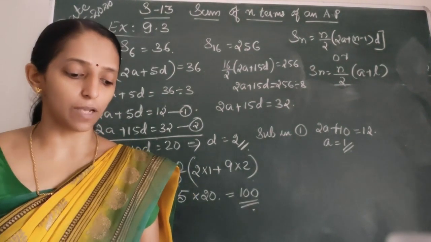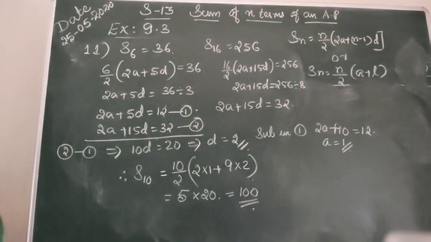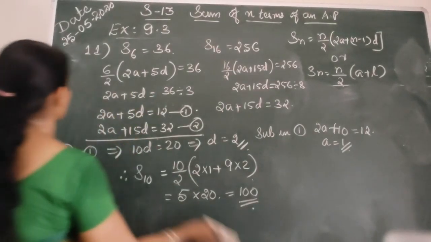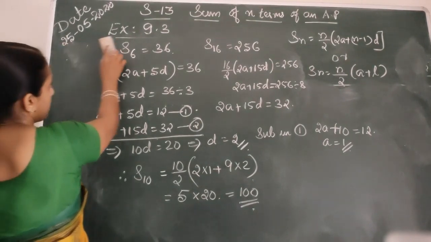In an AP, the sum of its first n terms, Sn, is given. Okay? Question number 14.